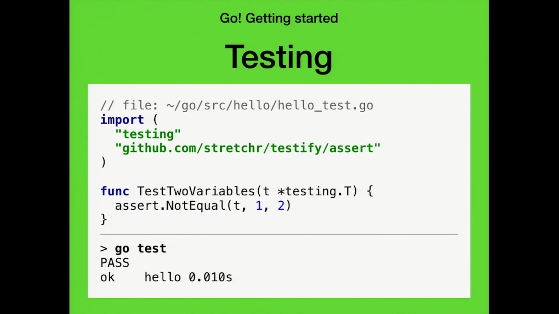In this example, I'm using the community package assert, which makes testing very similar to PHPUnit, or any xUnit, I guess. It's using assert.NotEqual. I just want to test if 1 is not equal to 2 for the sake of demo. And that's luckily going to pass. So this is very similar, I would say. This is just to give you an impression of how easy it can be.